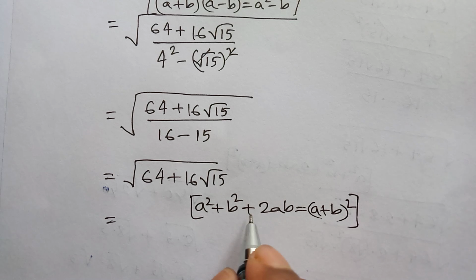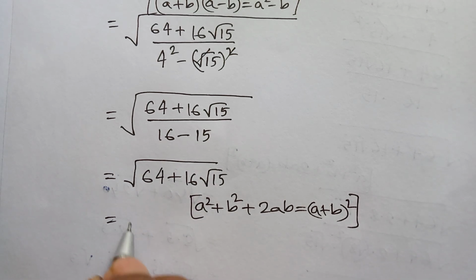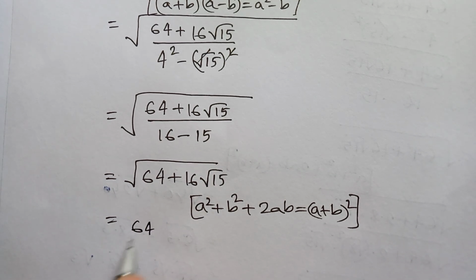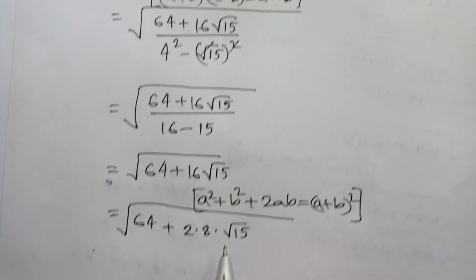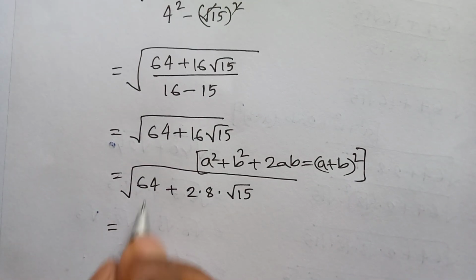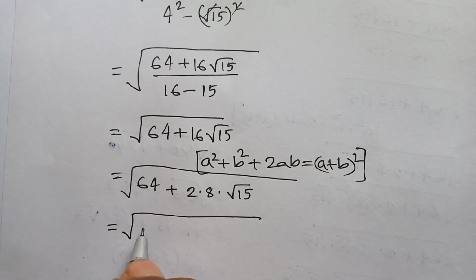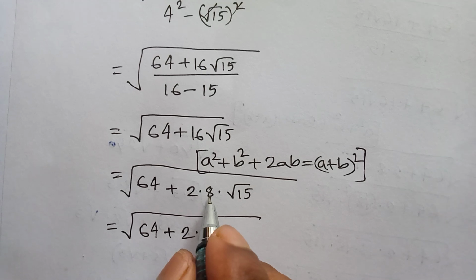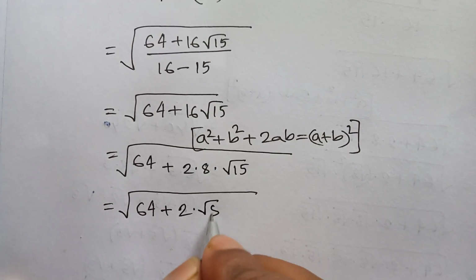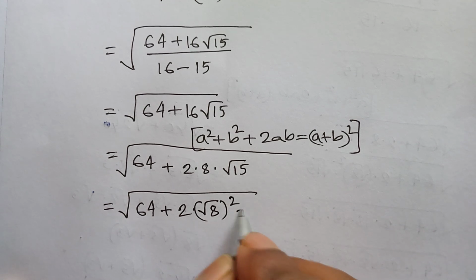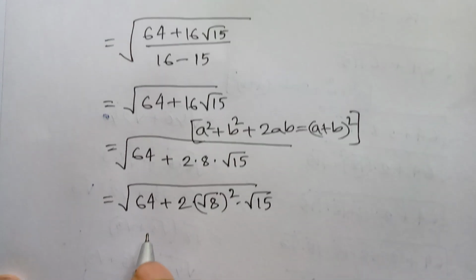So applying this formula, we can write here 64 plus 16 root 15, it can be written as 2 times 8 times root 15, under the square root of 64 plus 2 times 8, it can be written as root 8 whole square times root 15.